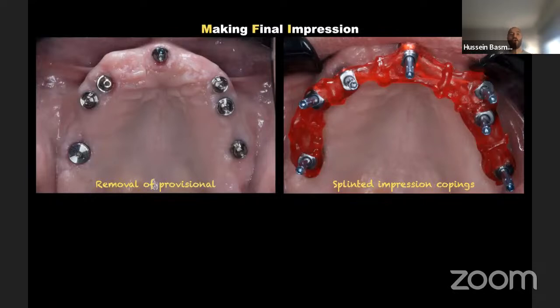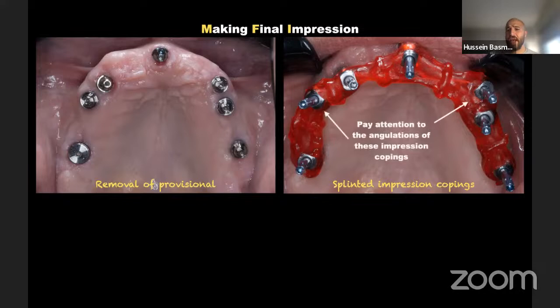And in such cases, as you will see right here, we have a straight multi-unit abutment, which is a thing that we can avoid by simply replacing those multi-unit abutments with angled ones to make sure that the axis is moved more palatally to avoid weakening the buccal porcelain, which would be prone to fracture or chipping. So in these cases, we have to keep an eye on those two implants right here.